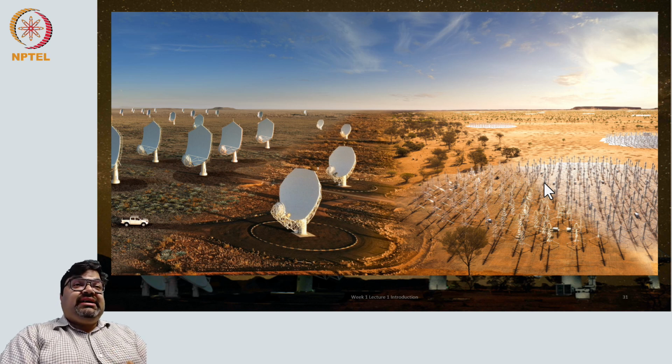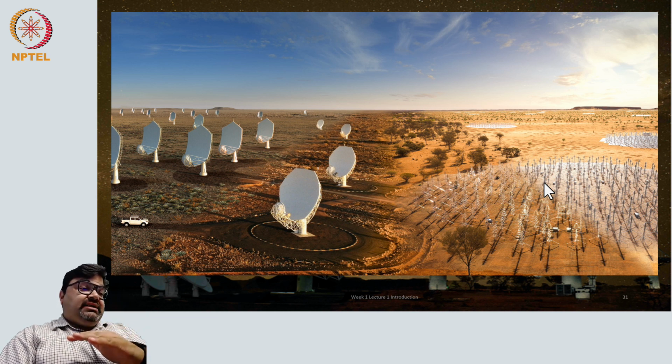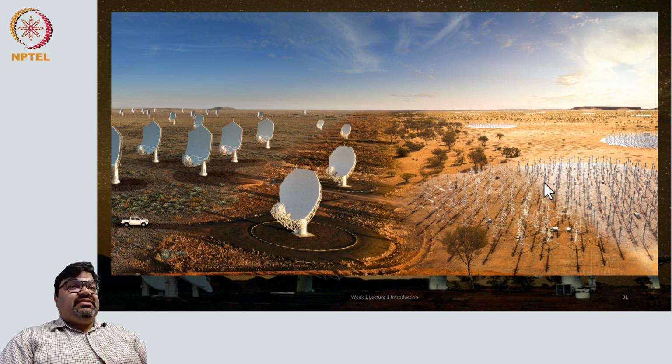It's called the Square Kilometer Array. The name comes from the equivalent collecting area that this telescope will have. It's designed to operate from as low as 70 megahertz up to 14 gigahertz. However, as I said before, a single receiver cannot be built to operate at such a large frequency range, and a single telescope design is also not feasible to give the same performance across this wide band.